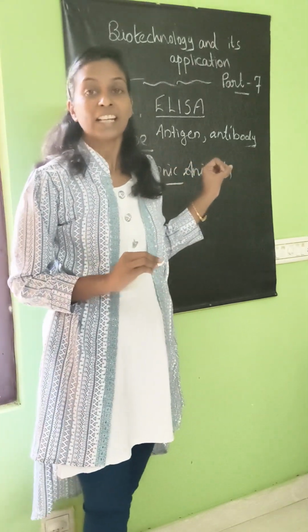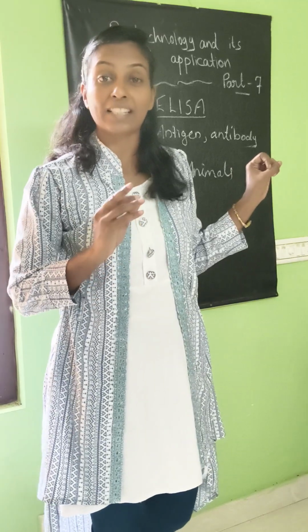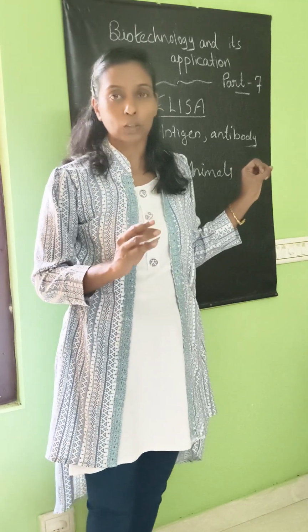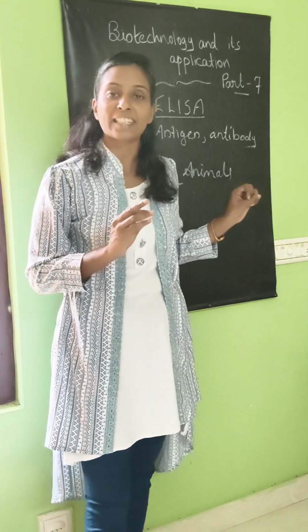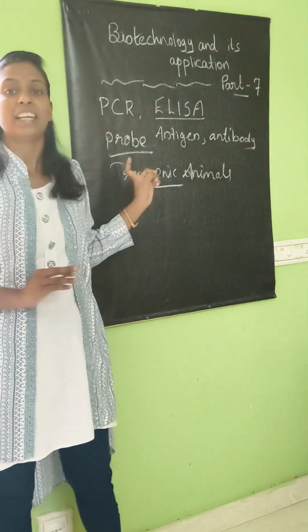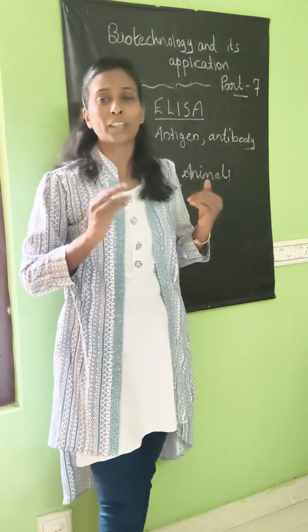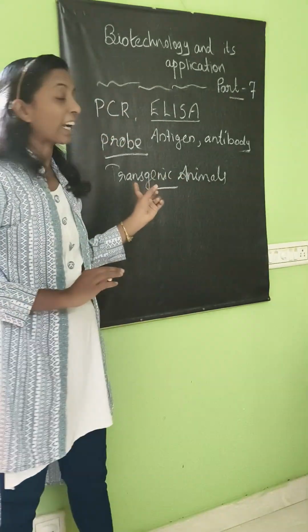Already we have discussed genetically engineered plants, microorganisms and animals. Here you can see transgenic animals. What can you understand about them? The animals whose DNA or genetic material is manipulated, altered or changed, such animals we call transgenic animals.